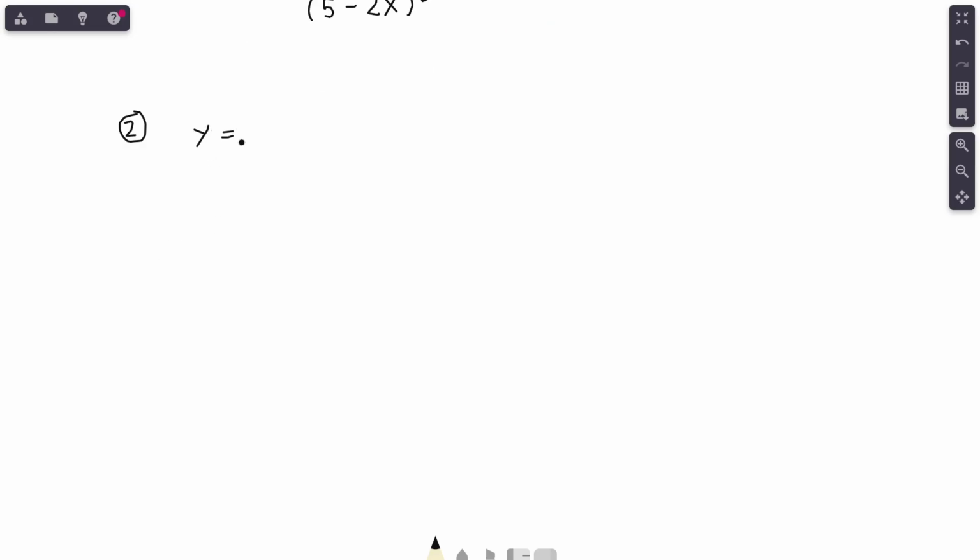We have y equals (2x cubed minus x squared plus 6x plus 1) cubed. And we want to take the derivative. So we're going to be using the chain rule.